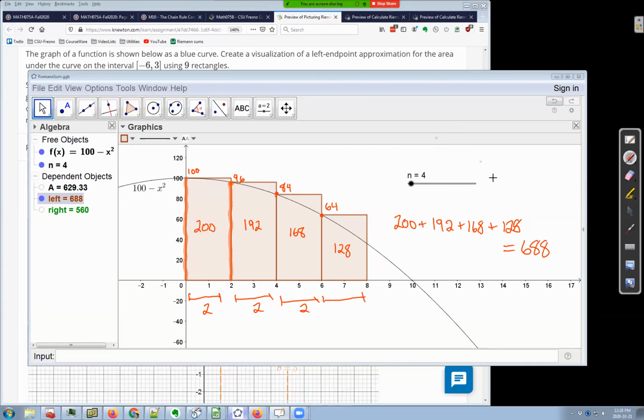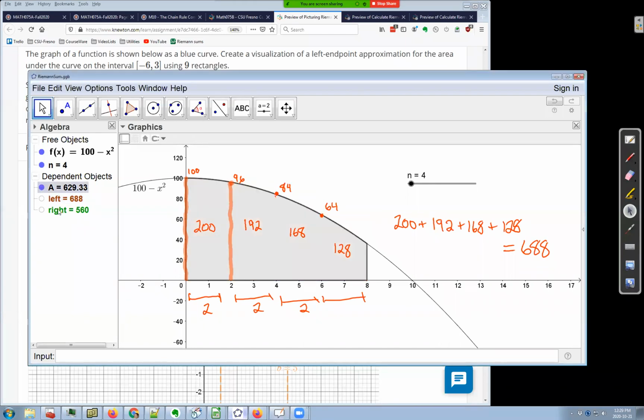And this one is another Riemann sum, because again, when you hear the word Riemann sum, I want you to think rectangles that approximate the area under the curve. So just like we said before, this time the area under the curve is definitely not 688. The reason for that is we can see from the picture that 688 is an overestimate because the rectangles slop over.